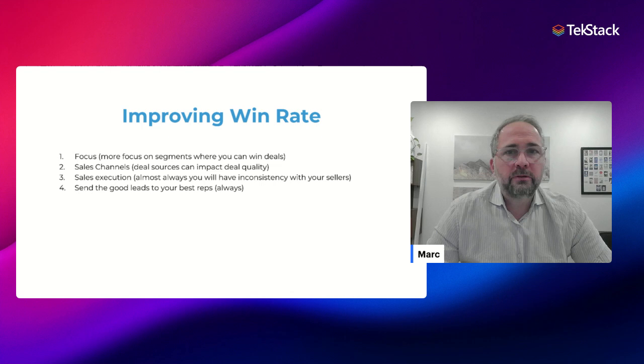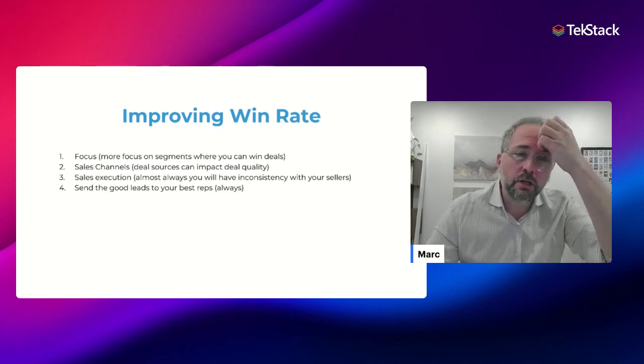The second thing is probably sales channels. I've seen it in my past where certain types of inbound, like paid inbound opportunities, have a very, very low win rate, where on the extreme, referral opportunities have a very, very high win rate. You shift as much of your energies as you can to the channel that's driving a higher win rate.